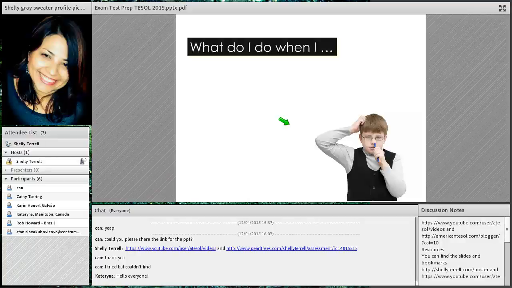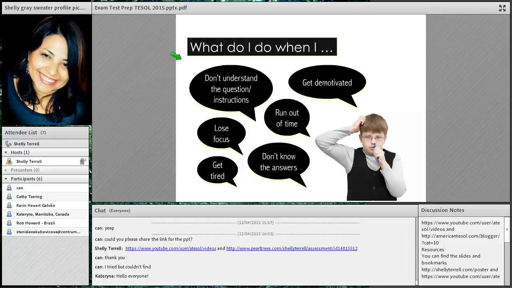So when we talk about stressors, the tests are very, very stressful, not only for students, but also teachers. So it's good for them to come up with action plans, or to figure out what they're going to do when they don't understand the question or instructions.